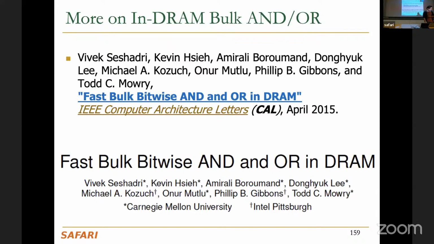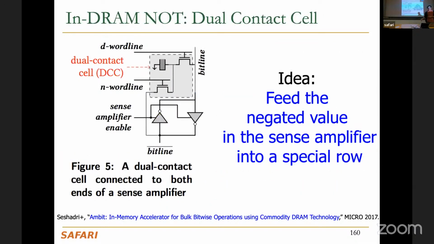Okay, so these techniques were first proposed in a paper in 2015. That original paper proposes a way of doing AND and OR, but if you want to be functionally complete and perform more complex operations, you also need to have NOT, or be able to invert the bits. And that was made in the Ambit paper with so-called rows of dual contact cells.